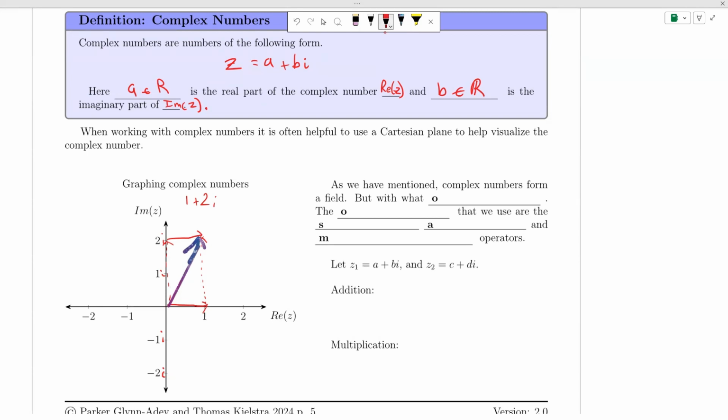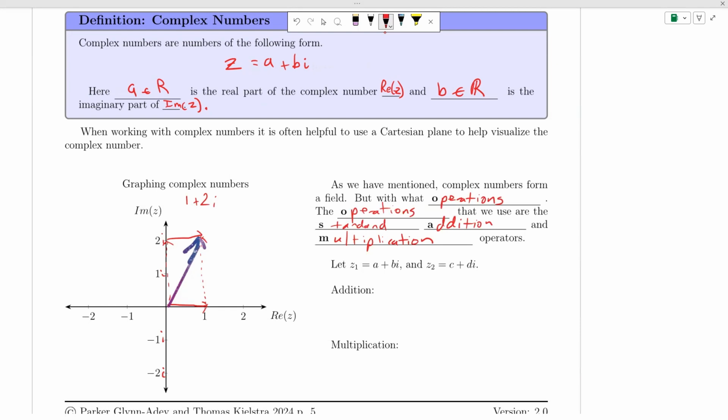Now, as we have mentioned, complex numbers form a field. But with what operations? What are the operations we use? And the operations that we use are the standard addition and multiplication operators.